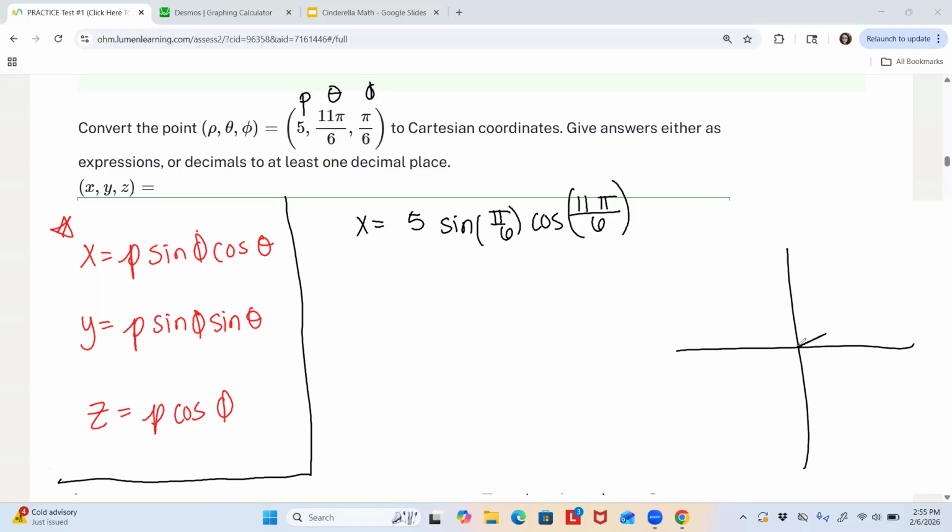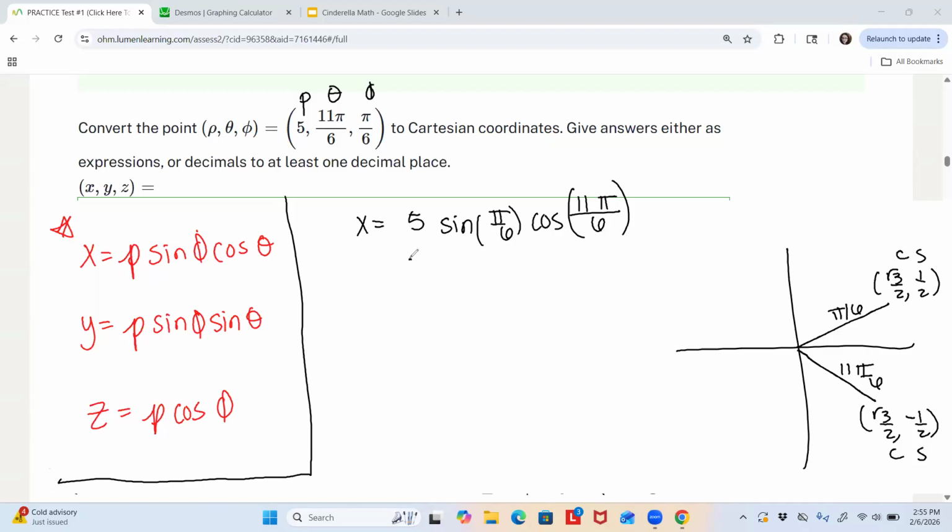Pi over 6 is your first one up in quadrant 1. And that point is root 3 over 2, 1/2. And 11 pi over 6 is your first one down in quadrant 4. So that's still root 3 over 2, and then it's down 1/2.